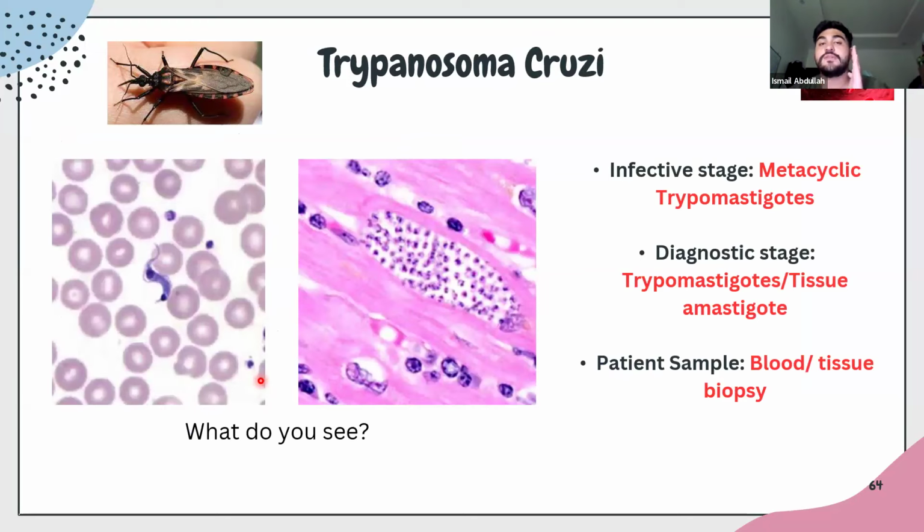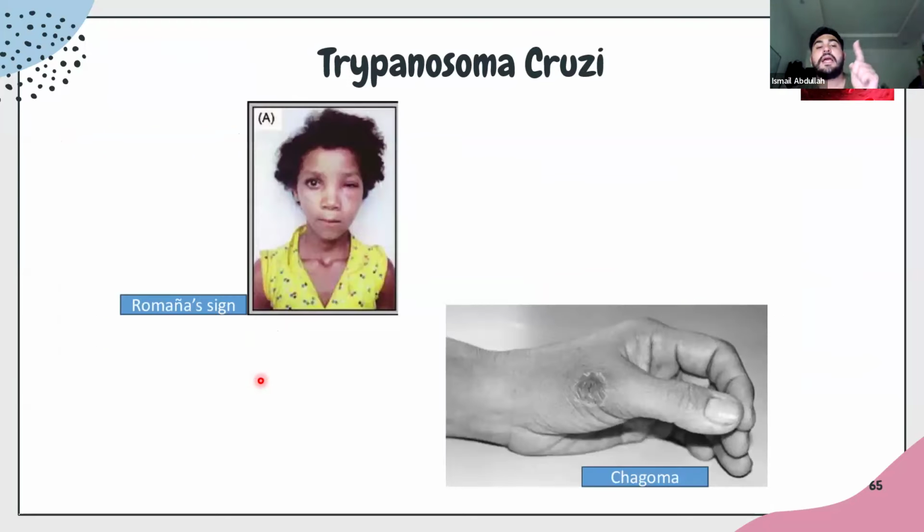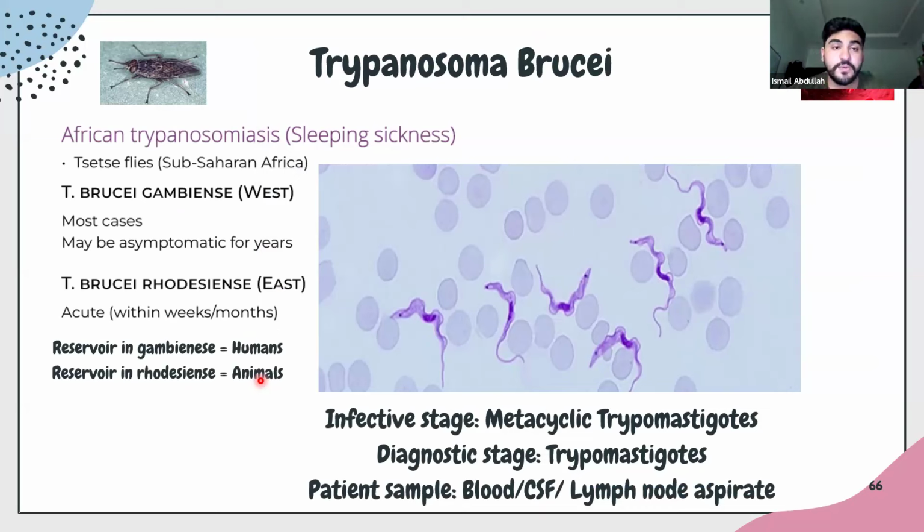This is very diagnostic for them. And they would come with Romana's sign and chagoma. While the brucei one is usually called sleeping sickness, and they would come with different shapes of metacyclic trypomastigotes, as you can see here. And that's all the high yield that you need to recall. And of course, the name of the bug.